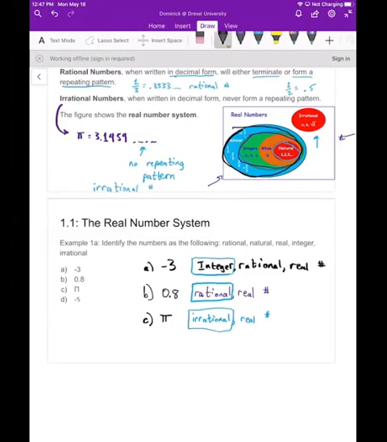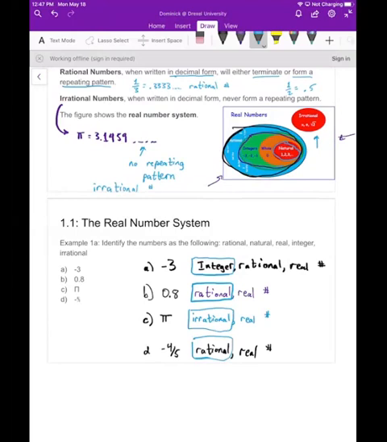Okay, and of course, part D, we have -4/5. And of course, that is a rational number. And once it's rational, it's also real. And the most specific, again, we can get is that it's rational.